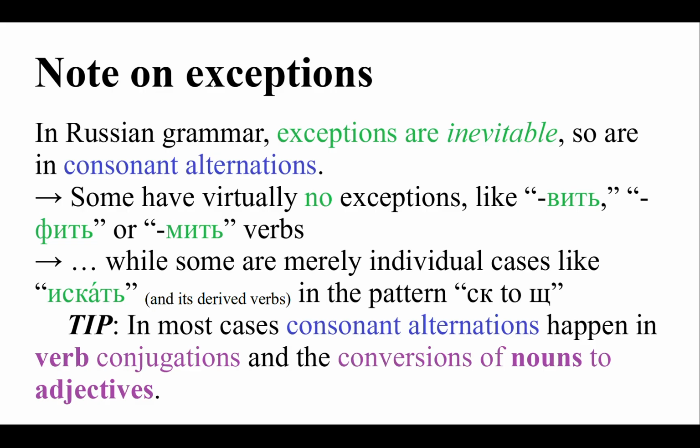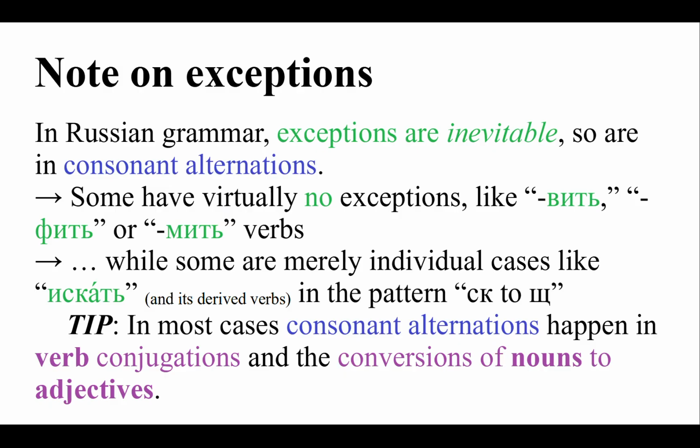Well, there's a last tip for you. In most cases, as mentioned, well, it's not a tip, but it does remind you. In most cases, consonant alternations happen in verb conjugations. Remember verb conjugations and the conversions of nouns to adjectives. So you see the relative adjectives part.